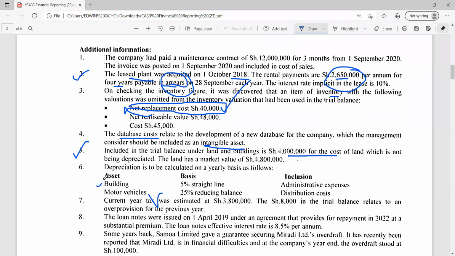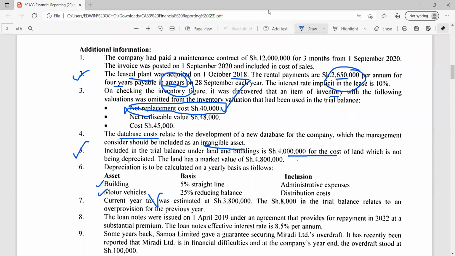So we have depreciation of building and motor vehicle. The depreciation of building will go to admin and the motor vehicle will go to distribution.